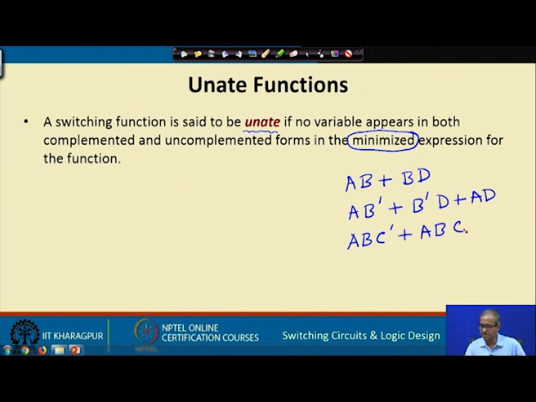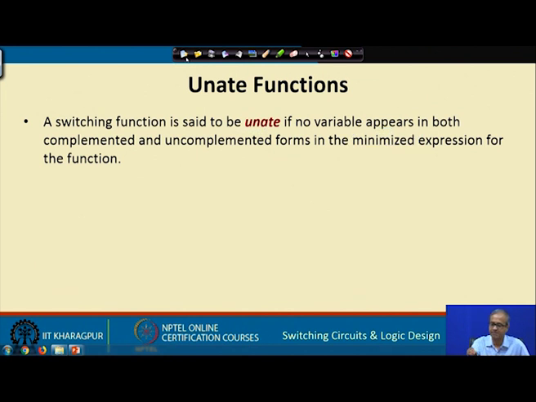Now, you may say that this is not unate because C is appearing in both complemented and uncomplemented form, but I will argue that this expression is not minimized. So, if I take a b common, there will be C bar or C, and that is equal to 1. So, this will be only a b, and a b is unate, right. So, this minimized term is important.